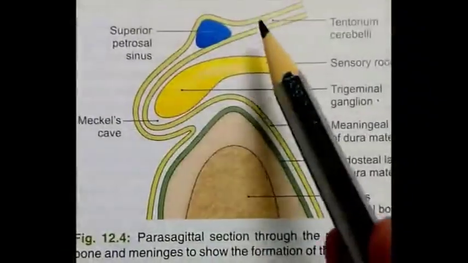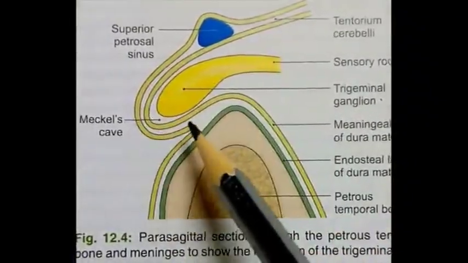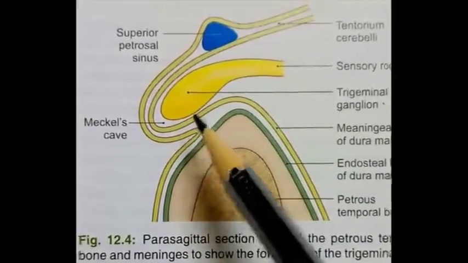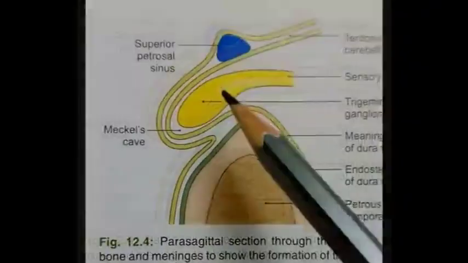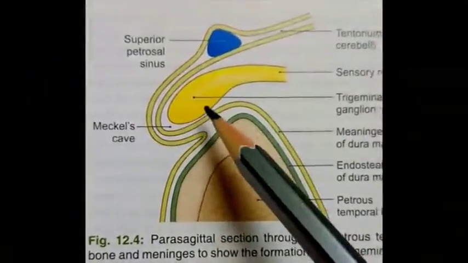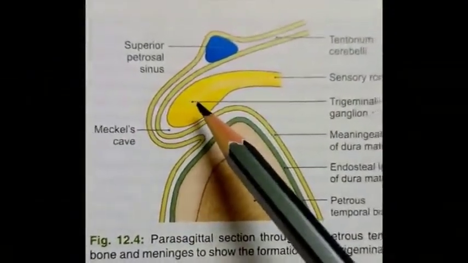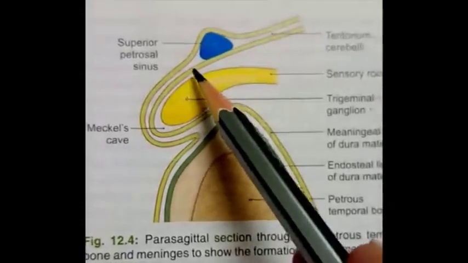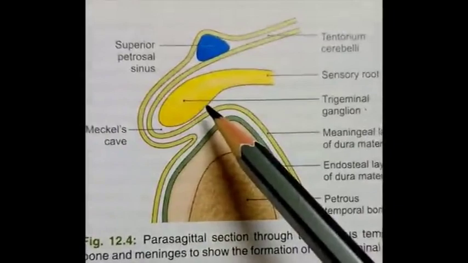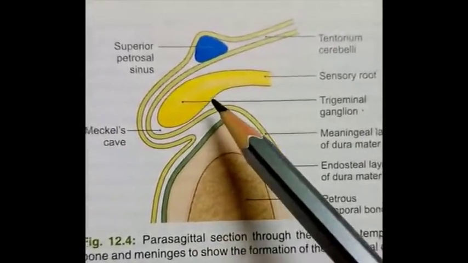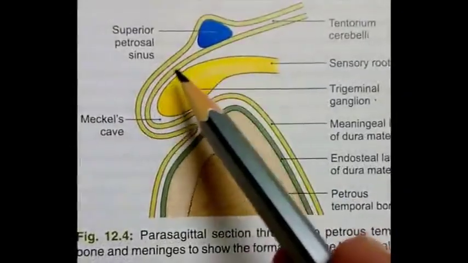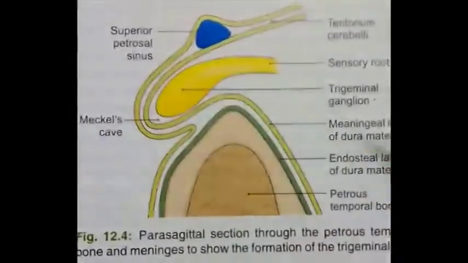So this pouch of dura mater is known as Meckel's cave or trigeminal cave. Both layers of dura mater, endosteal and meningeal layer, surround the trigeminal ganglion, and the inner aspect of the cave is lined by pia arachnoid. Means the ganglion is surrounded by CSF also.